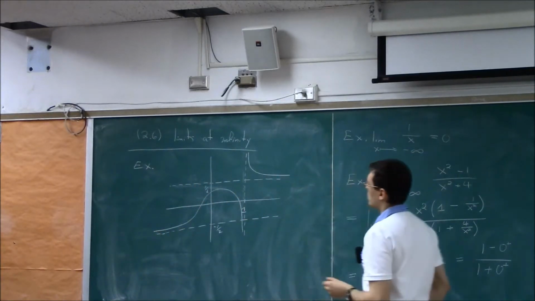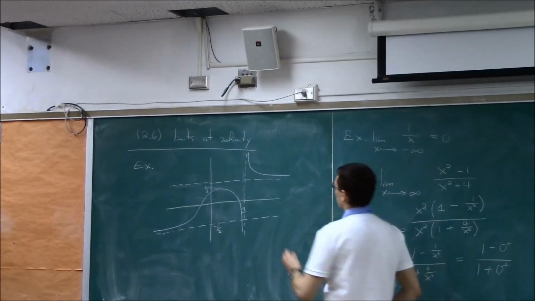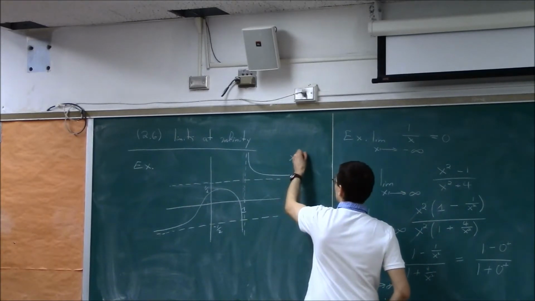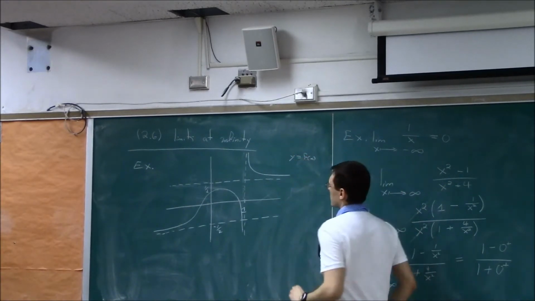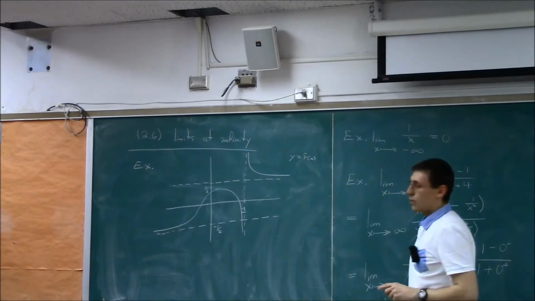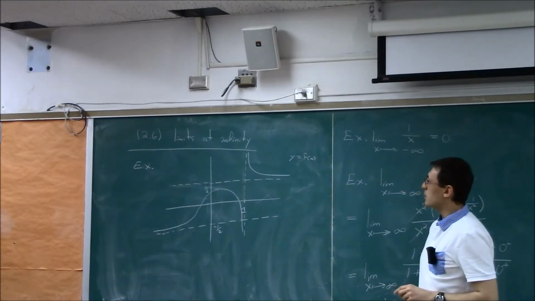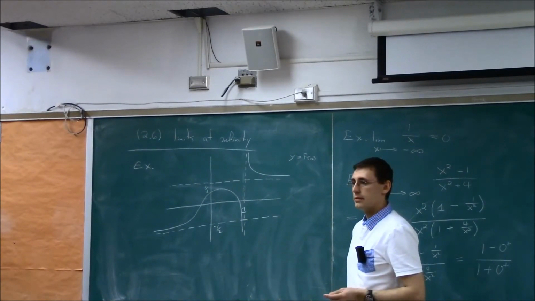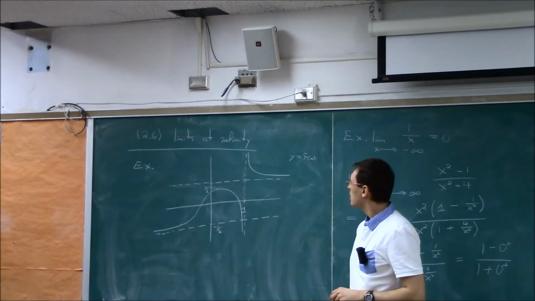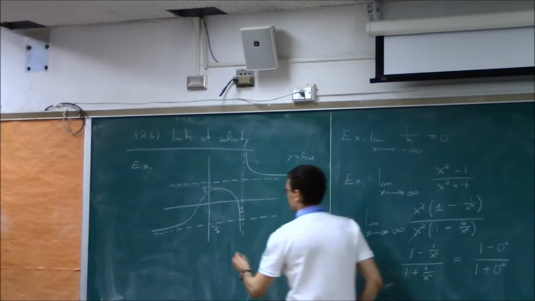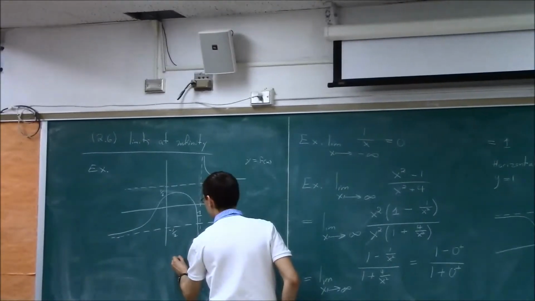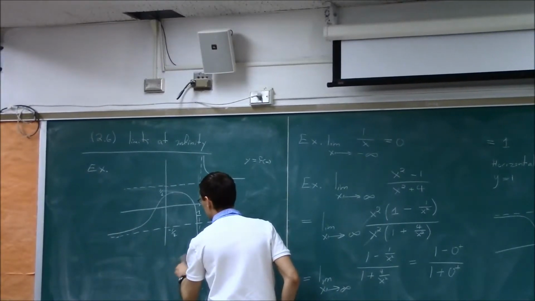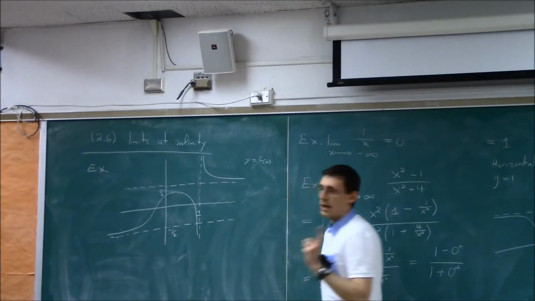So here I drew some graph y equals f of x. What are the horizontal asymptotes and what are the vertical asymptotes, if any? Very simple question. So here you see that, well, before I tell you, write it out.